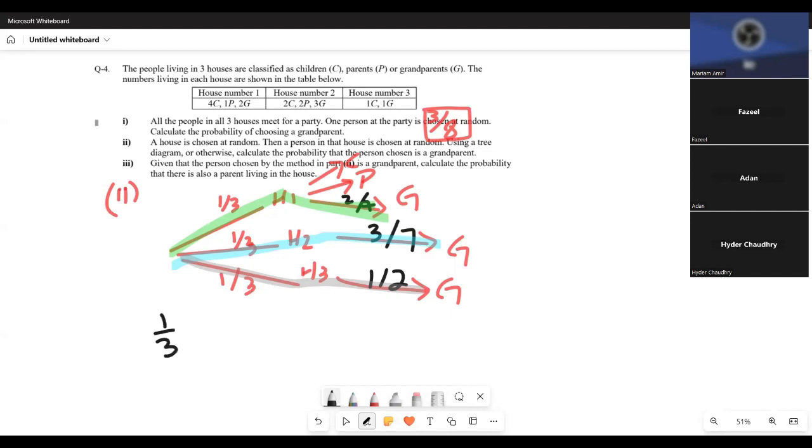So 1/3 times 2/7 plus 1/3 times 3/7 plus 1/3 times 1/2. Answer should be 17/42.